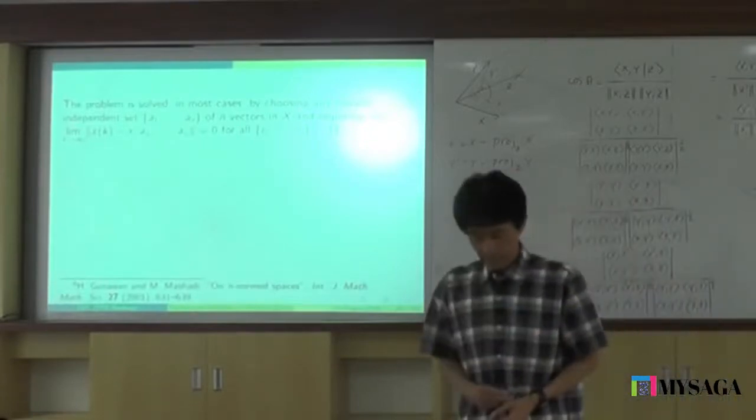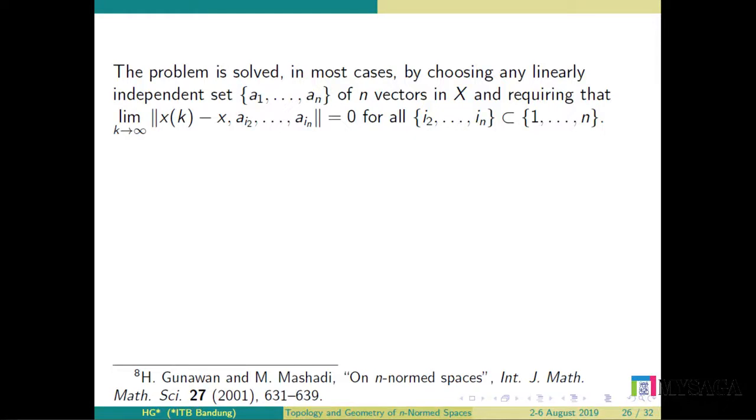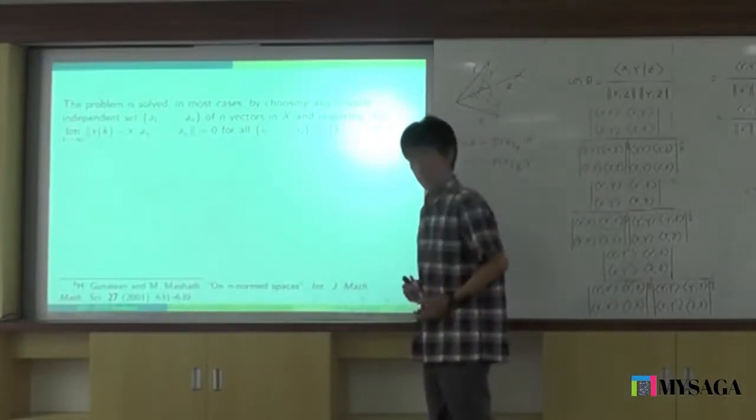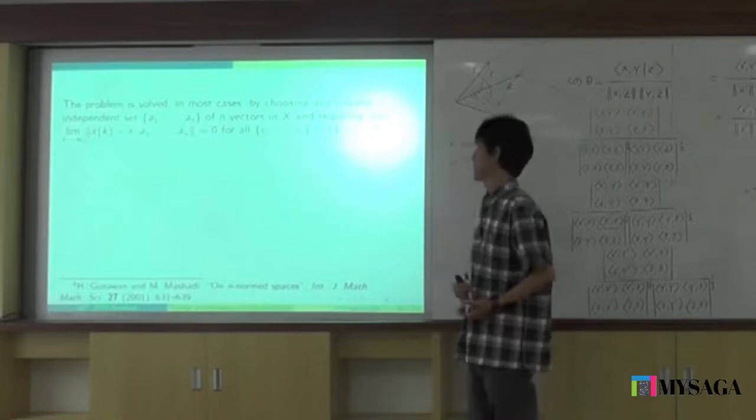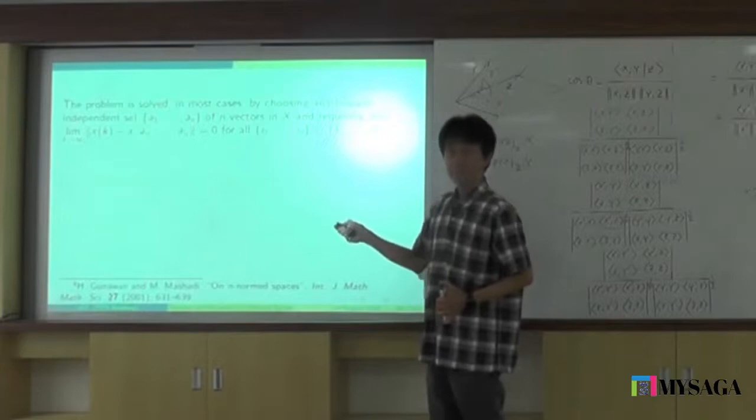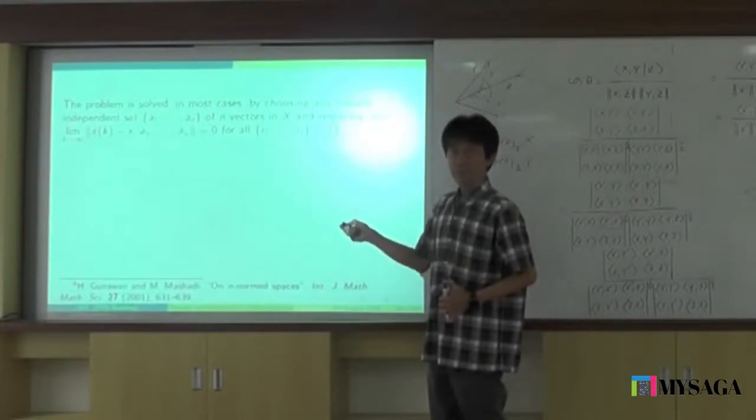And this problem is solved in most cases. I will explain why I write in most cases, not in all cases, by choosing any linearly independent set A1 up to An of n vectors in X, and requiring that the limit is 0 only for these vectors.